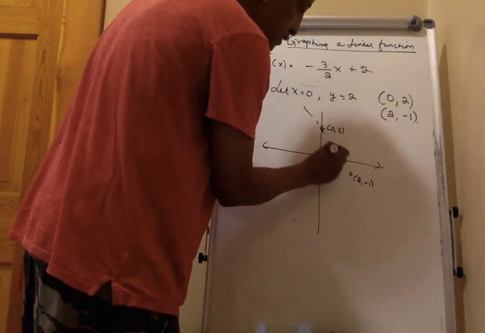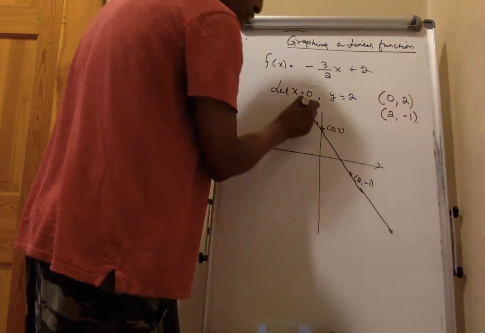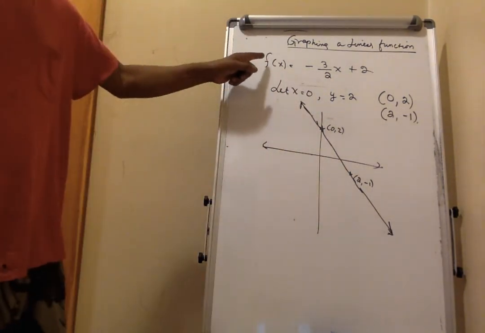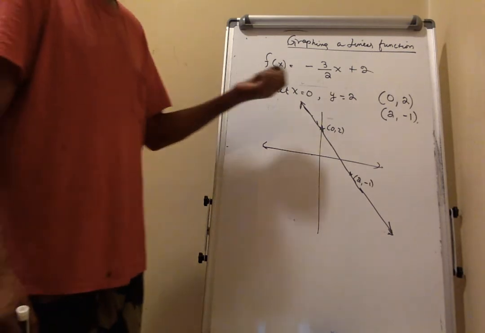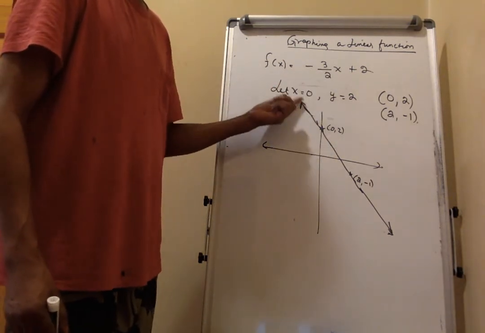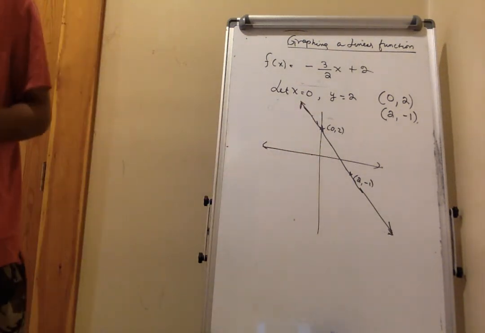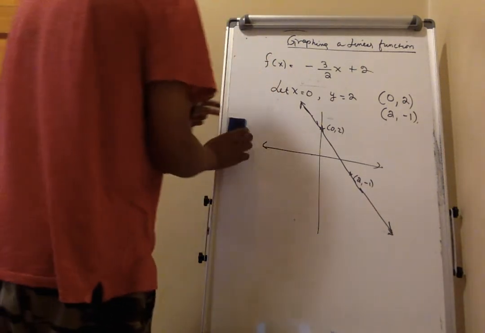Then go ahead and draw a graph. And that is the graph of f of x is equal to negative 3 over 2 x plus 2. Because the slope is negative, look at how the graph looks. It is descending from top to bottom.